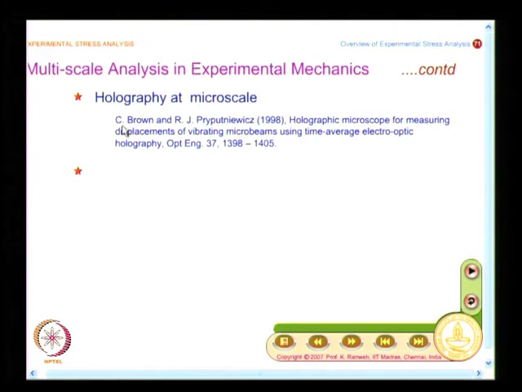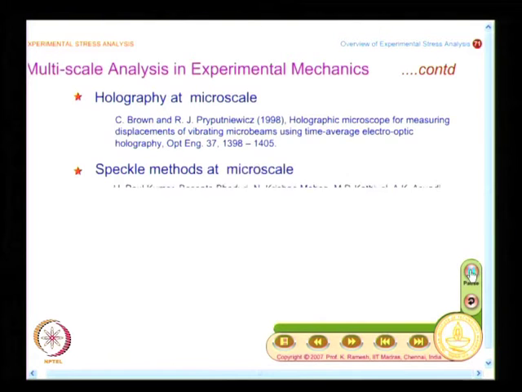You have a paper by C. Brown and R. J. Pryputniewicz in 1998, published in Optical Engineering, you can put it as OE, and this was for a holographic microscope for measuring displacements of vibrating micro beams using time average electro optic holography. So, micro beams, all these have become important from nano level studies now. People are going in for miniaturization. So, you have to find out whether these components are stable at those scales.